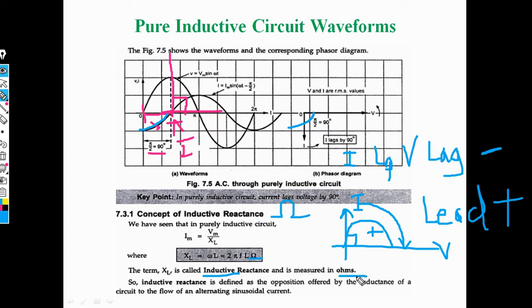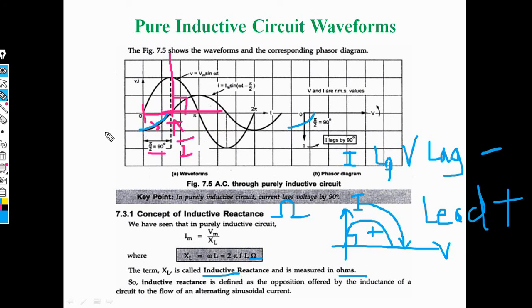Now this is the concept of inductive reactance, and also we need the difference between lagging and leading concept. When the current waveform starts initially negative, that is the lagging concept, that means current I lags the voltage, and when the current waveform starts positive, then current I leads the voltage.